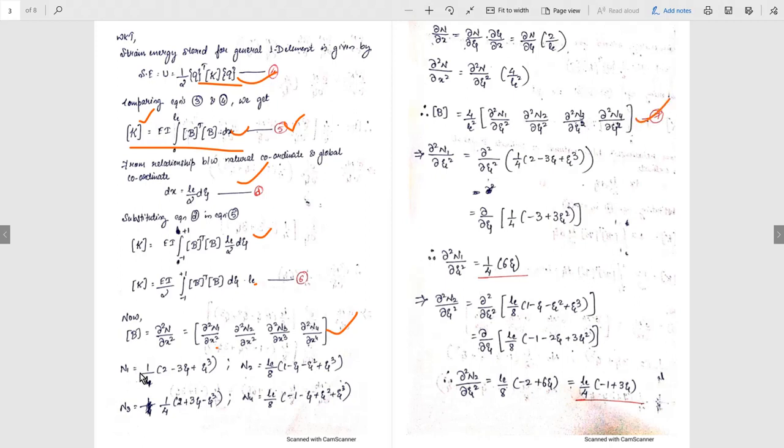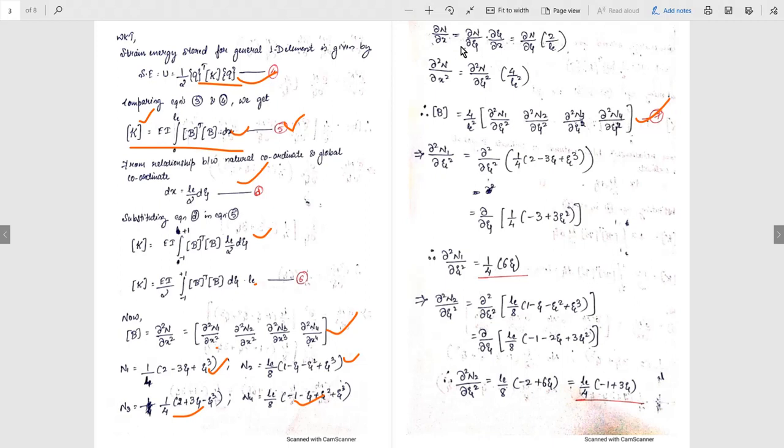First we'll see what are N1, N2, N3 and N4 which you have derived. This is your N1, which is equal to H1. This is your N2, which is equal to Le by 2 H2. And this is your N3, this is N4, which is equal to Le by 2 H4. Before differentiating each of these terms with respect to xi, we have to convert this in terms of d xi.